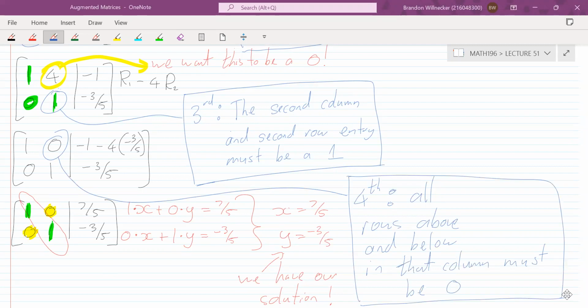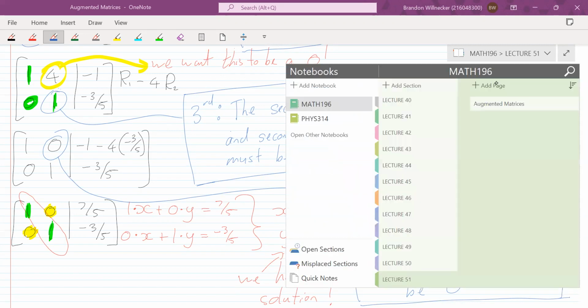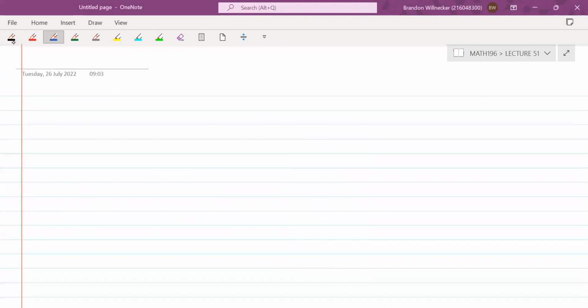Let's have a look at a 3x3 example, which has more row operations, so you can see what needs to be done. Let's say we have the following.